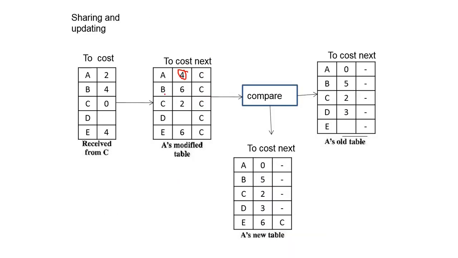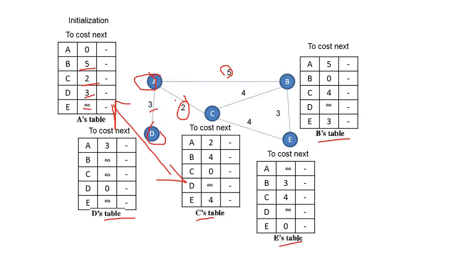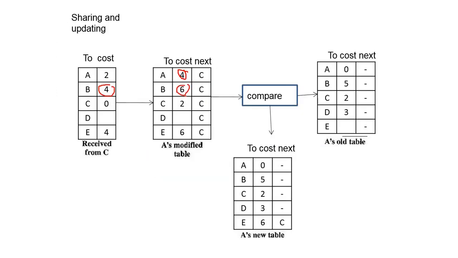Get it? Now distance of B. So it will be 4 and here that is 5. But we will go with this C. So what is happening? We will go A to C 2 and then after C to B. So 2 plus 4, it will be 6.